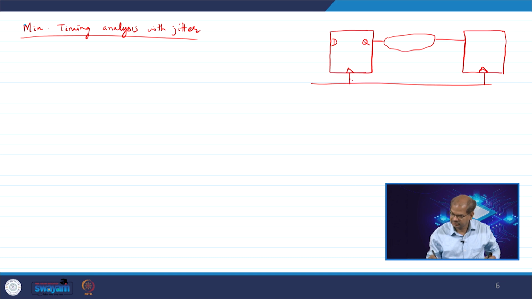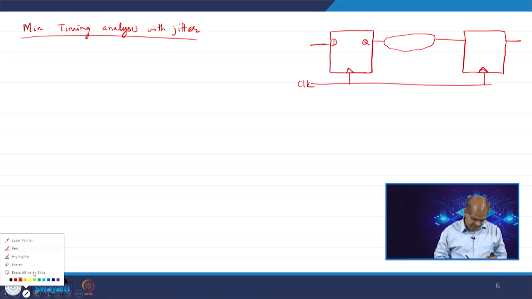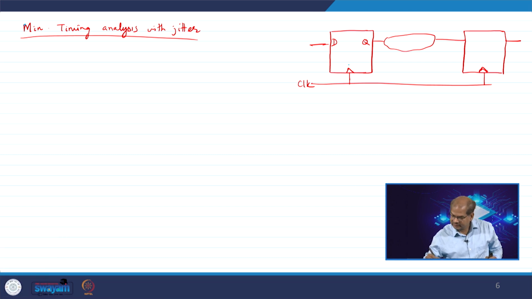Okay. So, now you have the clock, but the clock is varying because of the jitter. You have two delays. If I say this delay is basically T clock to Q minimum, we need to consider T clock to Q minimum in this case.